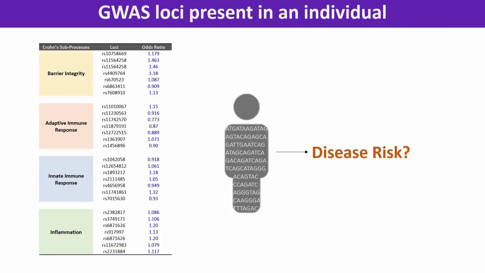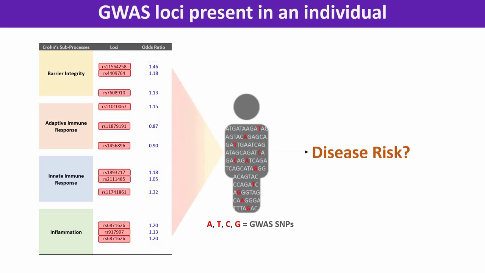Usually, in an individual, only a subset of the Crohn's disease loci are present. One can then compute the disease risk relative to an individual carrying reference allele for the loci. Under this assumption, relative risk can be computed as the product of the odds ratio of the loci present in an individual.